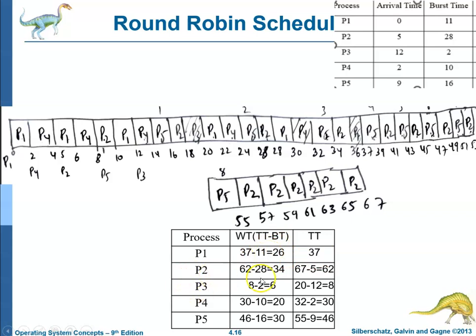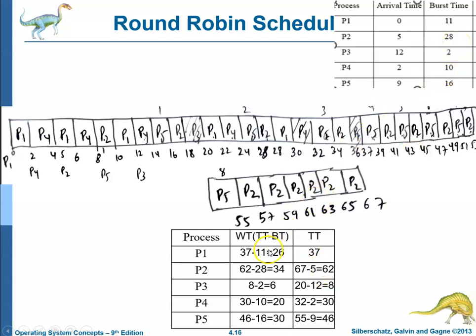Similarly for P2, it arrived into the system at time 9. When did it complete? At time 67. So 67 minus 5, 62 is the turnaround time for P2. Then what will be the waiting time? 62 minus 28.